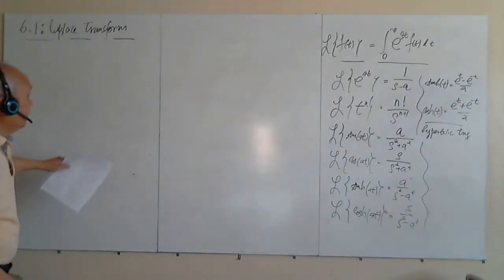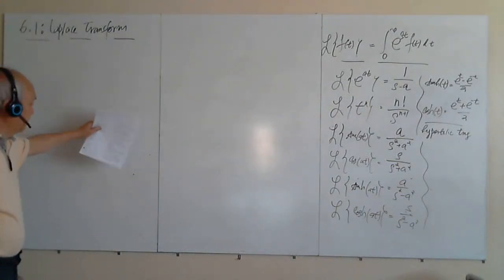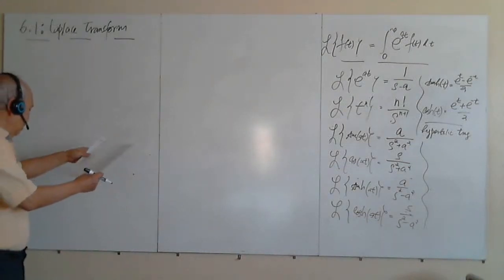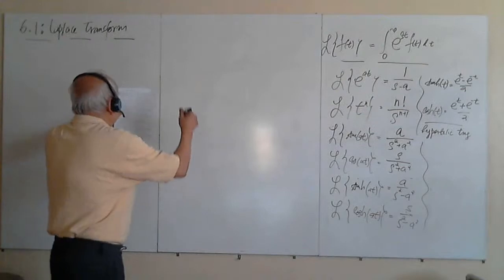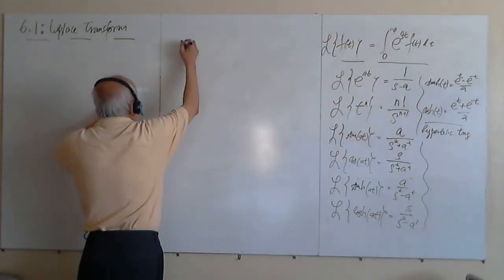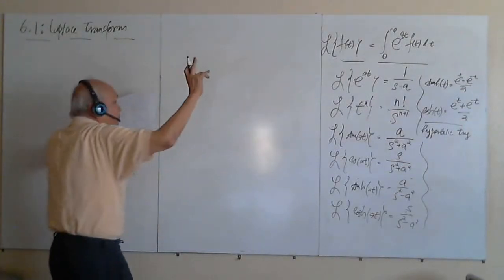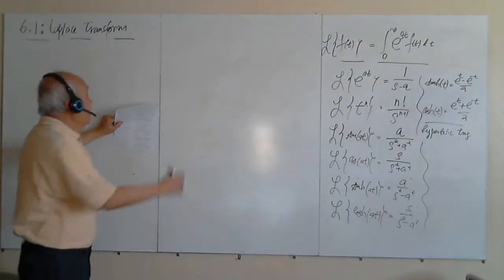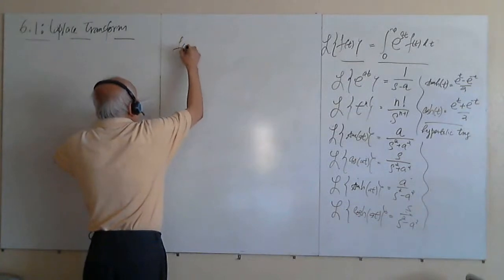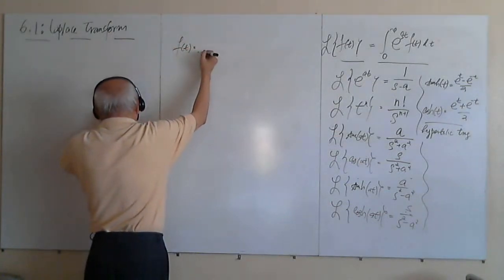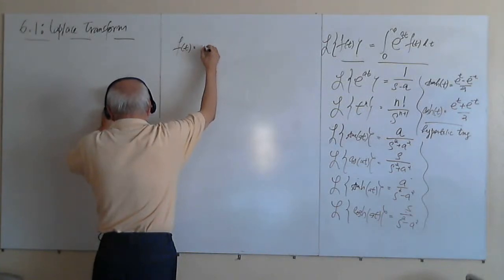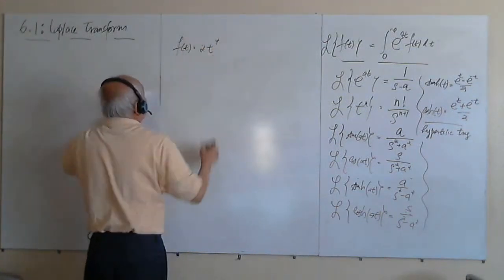Okay, so let me give you a couple of examples. I'm not so sure we can finish all of the examples, but nevertheless, I will try. So let's say you have a DE, and the DE is very simple. It consists of only one single term because we are learning from the basics. So let's say f(t) is equal to 2t to the fourth.